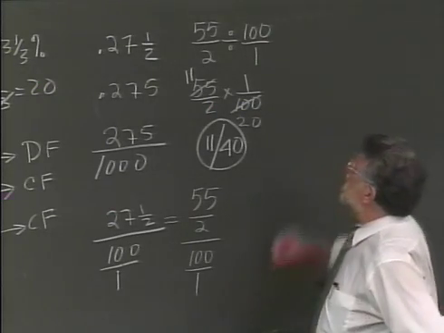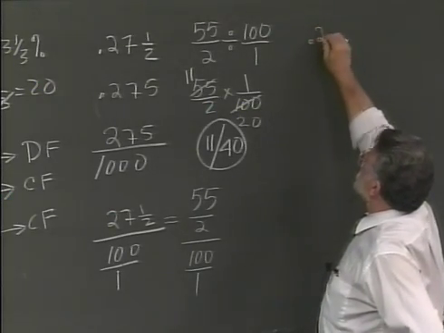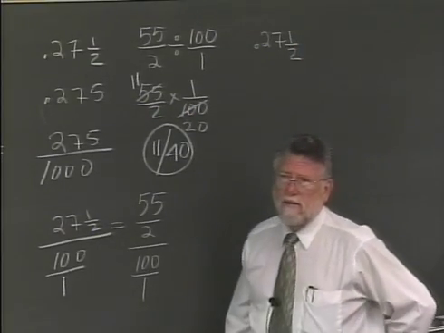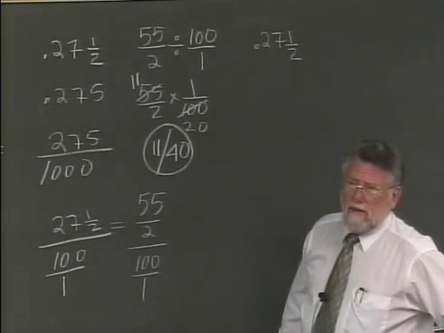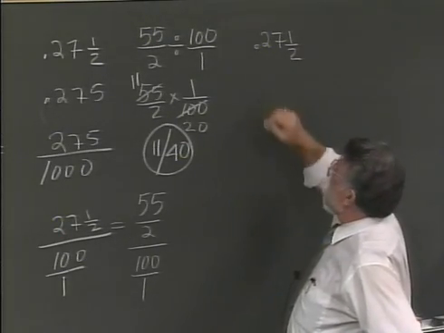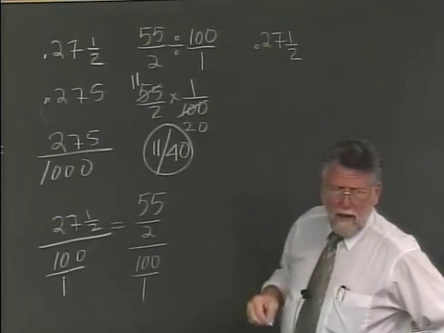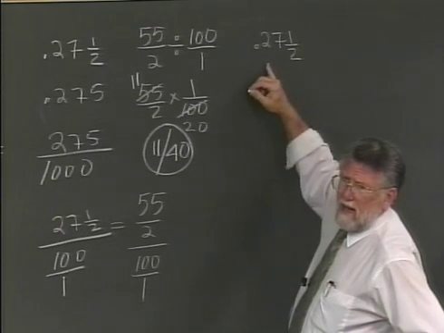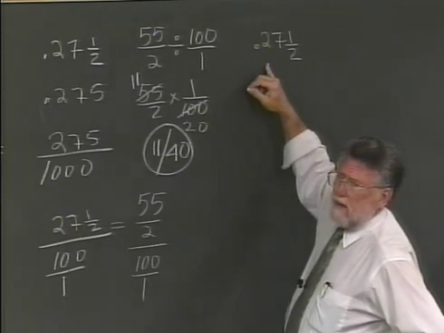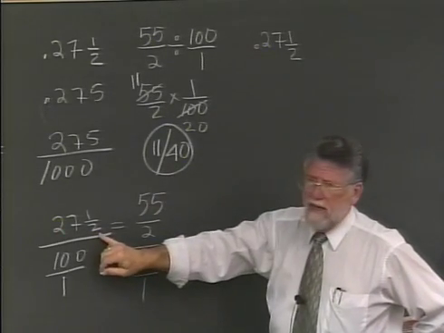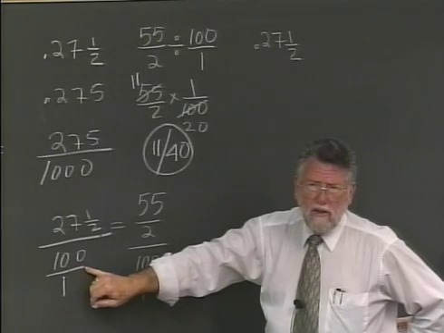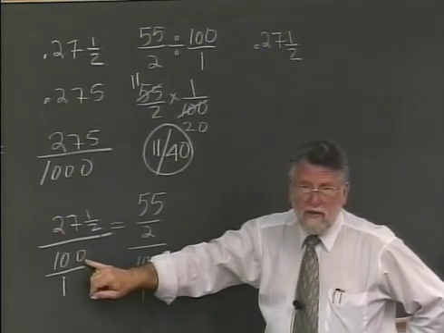Now, what if you ask for this as a percent? As a percent, that means that I want it over 100. So if you read this out loud, you get what? Exactly what we did here, where we said 27 and a half hundredths.